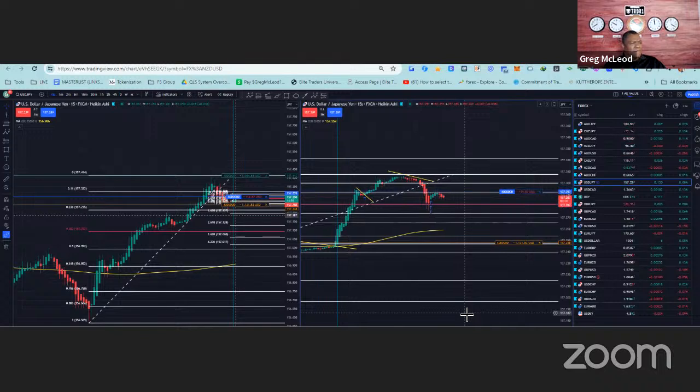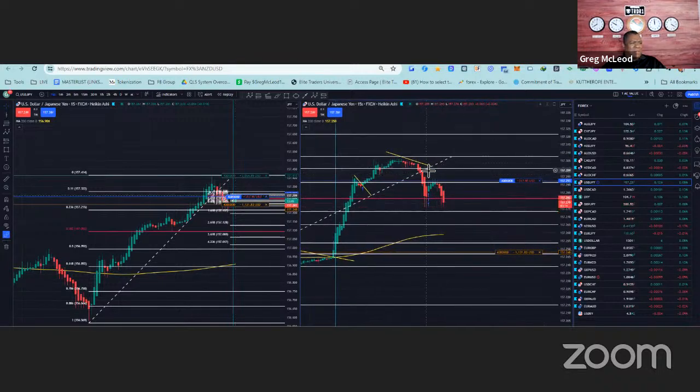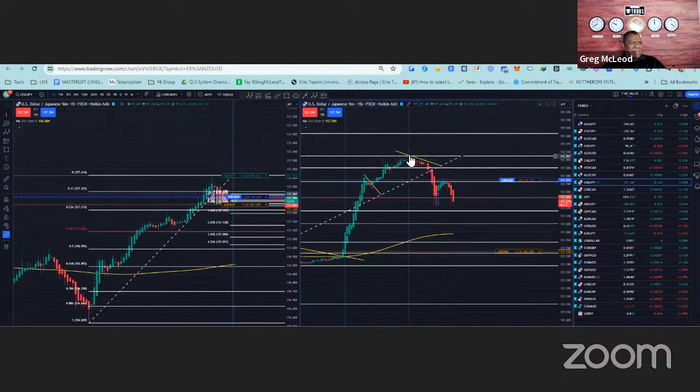Here we go, looking for dollar yen to be our friend. It's raining yen. Hallelujah, it's raining yen. Amen. All right, the retest of the 38% retracement. Oh, you guys not playing nice today.